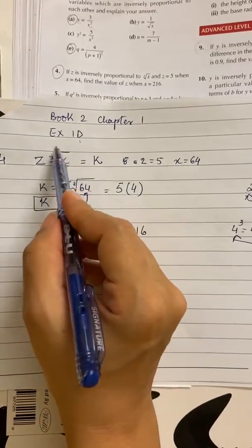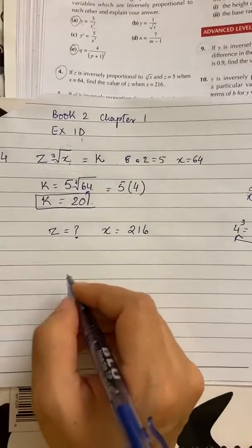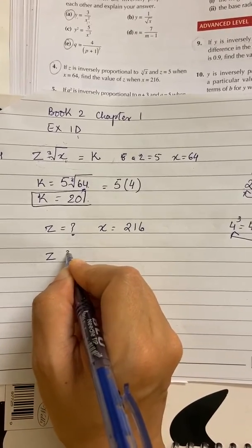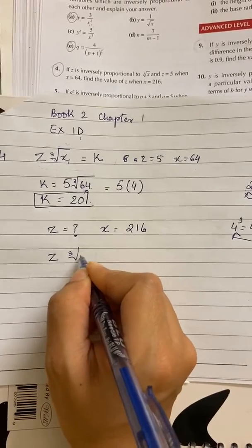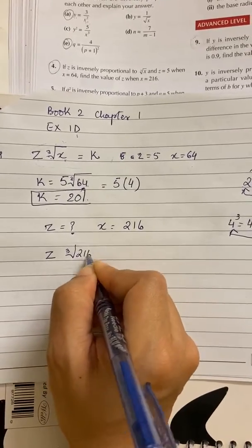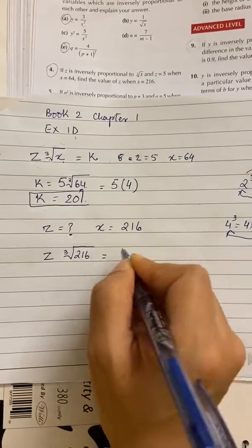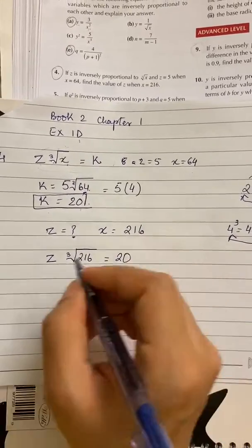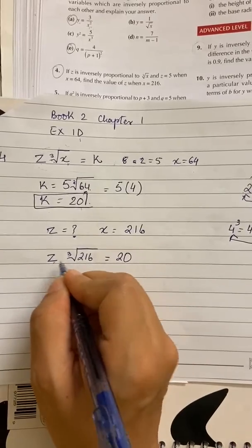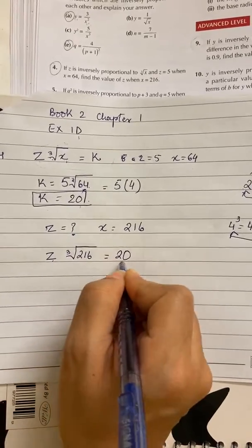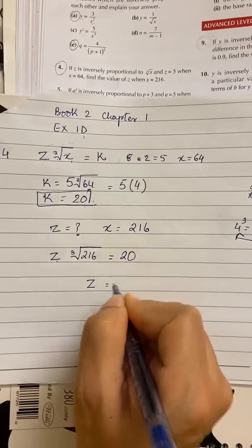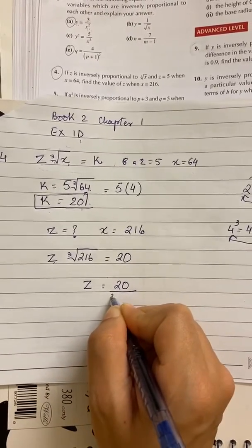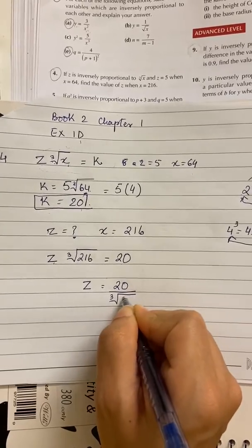Now let's put values in this equation. z is not known to us, and cube root of x means cube root of 216, which is equal to k, that is 20. We want to find z, so I'm going to take this entire thing over here. So it's going to be z equals 20 upon cube root of 216.